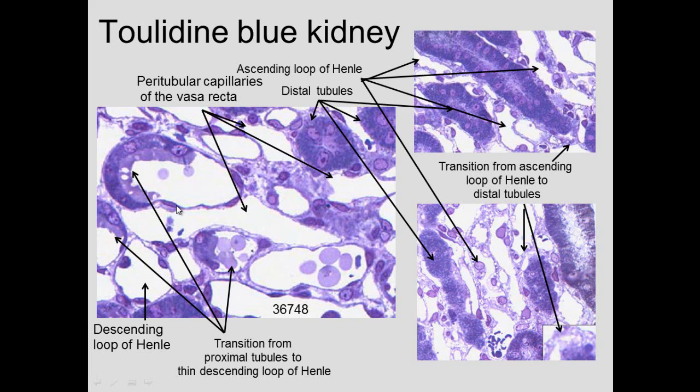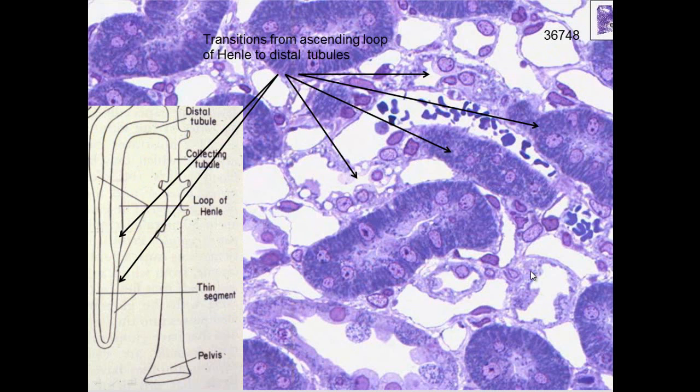So what it appears is that the descending portion of the thin loop of Henle looks like this, but the ascending portion is more bubbly, like that. So this is the ascending thin loop of Henle, and this is the ascending thick distal tubule that we see. So we're talking about a transition of the distal tubule here.